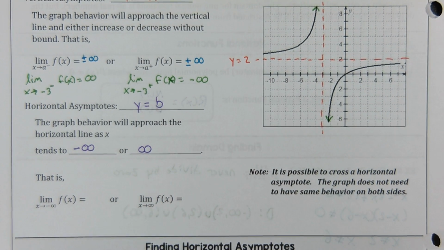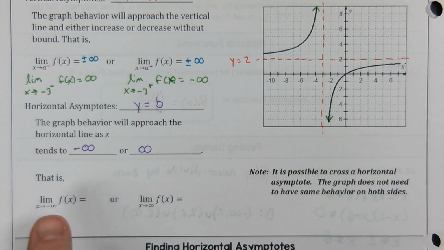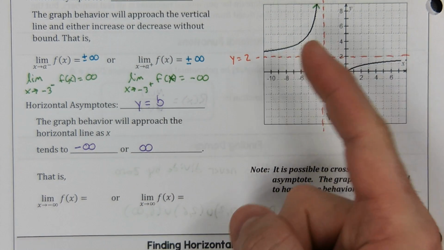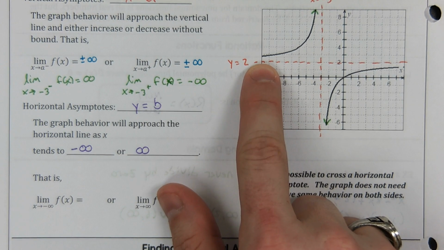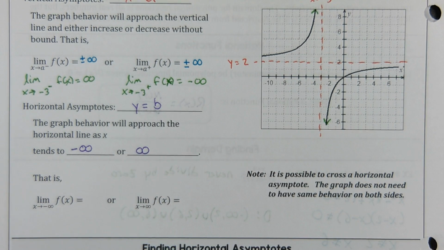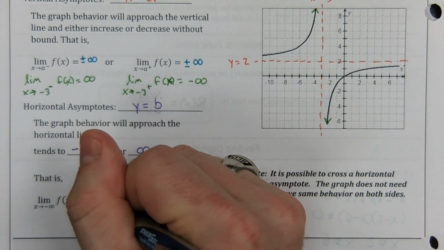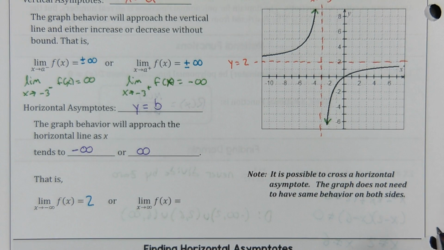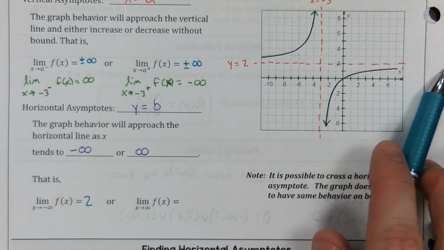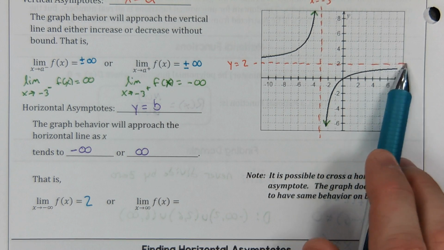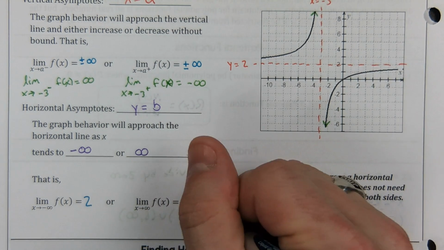So for this graph, the limit as x approaches -infinity, that means as I go really far that way, what are my y values doing? It looks to me like they're getting really close to y equals 2. And what's going on to those y's as x goes to positive infinity? As I go really far that way, my y values are getting close to this horizontal line again. They're getting close to 2 again.